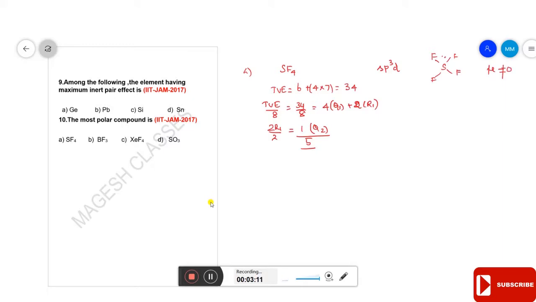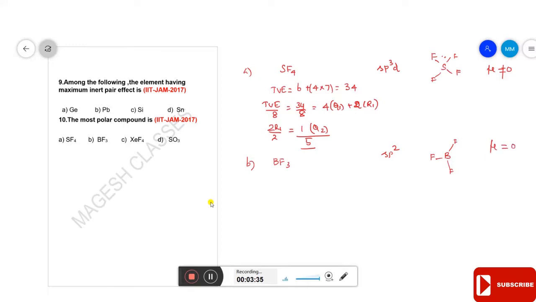Similarly, B, boron trifluoride. What is the hybridization involved? It is sp2. You can calculate by this method. The structure is the central atom B and 3 fluorines, a regular trigonal planar structure, so mu is equal to 0.